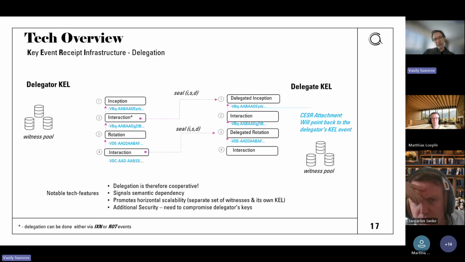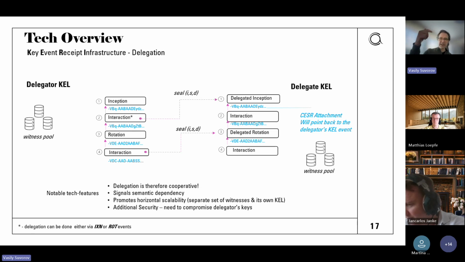For this event to take root, I need to convince the delegator also to do this. It's actually very, very hard, and it actually makes recovery much easier as well. Quite an interesting thing. And of course, there are some details here, such as the CESR attachment will point back to the delegator KEL event, the number of it, so you don't have to search for it.